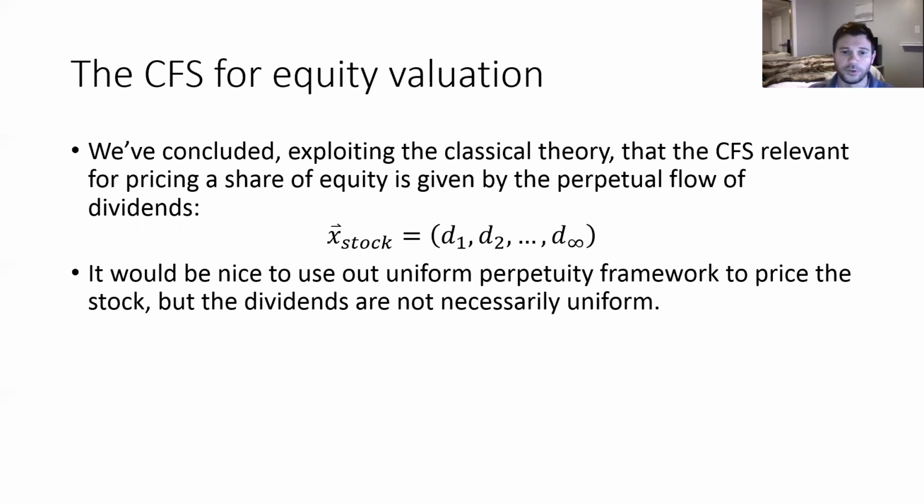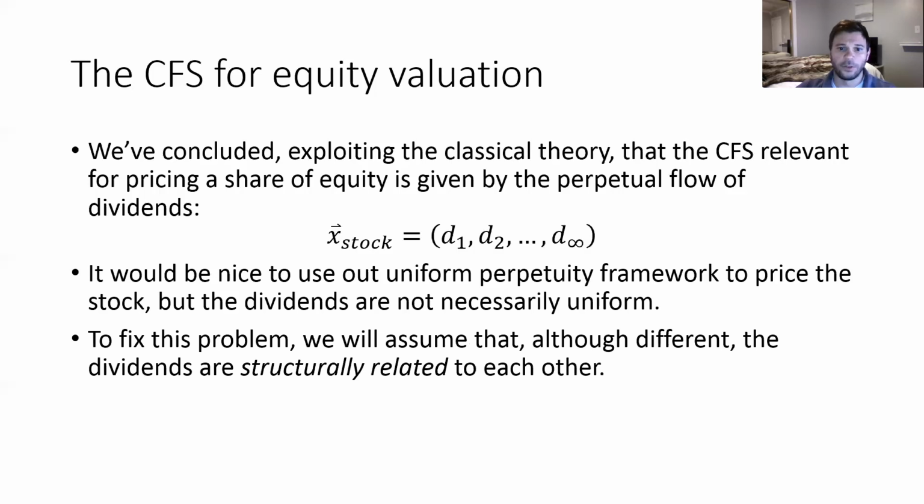So in order to change the environment a little bit in a way that allows us to exploit that uniform annuity framework, we're going to assume that although different, the dividends are somewhat structurally related to each other. There's some mathematical structure that relates D1 to D2 and D2 to D3 and D1 to D3 through D2 and so on and so forth.